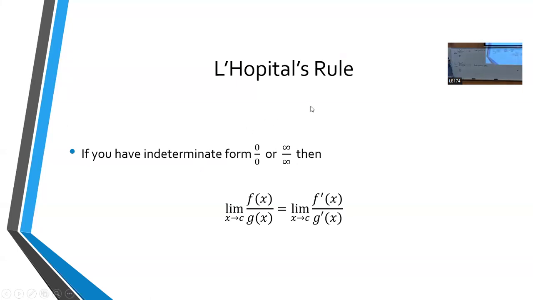Now, here's where L'Hopital's rule comes into play. L'Hopital's rule says, if we have an indeterminate form of 0 over 0 or infinity over infinity, then what we can do is say that the limit of the fraction is the same thing as another limit.